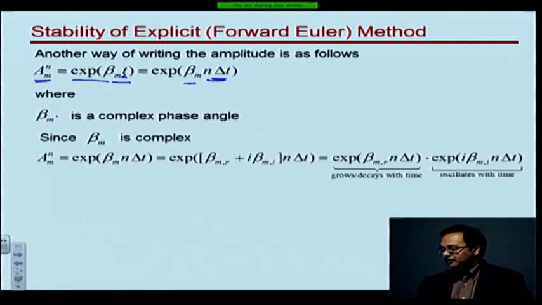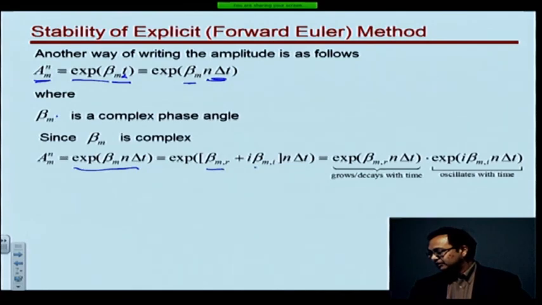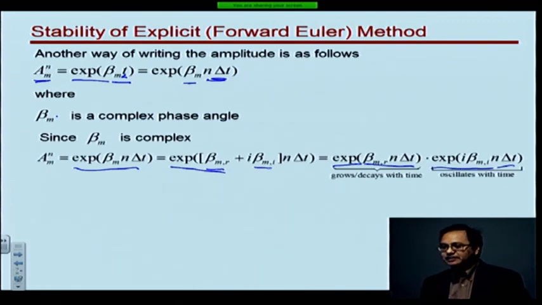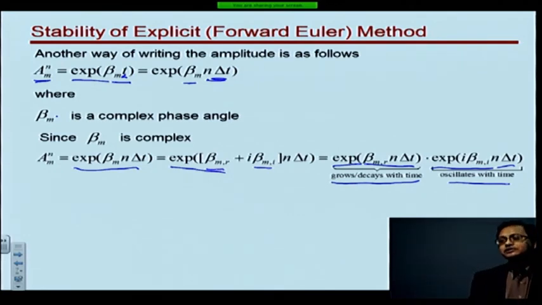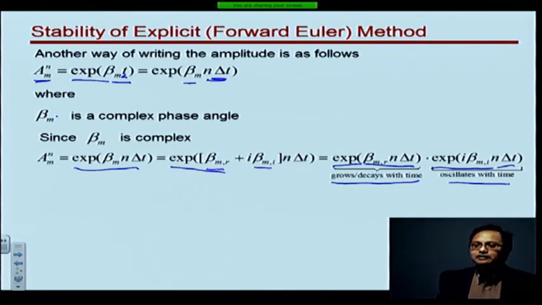So now if you take that, you can split it up into a real part and an imaginary part. And if you now write these two components separately, you get something which looks like that and then something which looks like that. The reason I'm writing it that way is to show that this part grows or decays with time. This part is oscillatory in nature because it's e to the power minus I theta, which is cosine theta plus I sine theta. That's oscillatory.